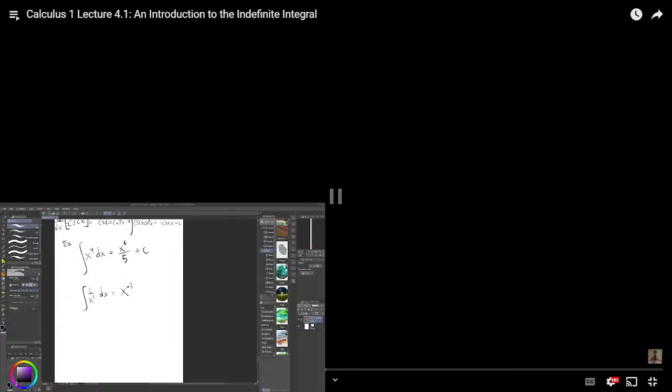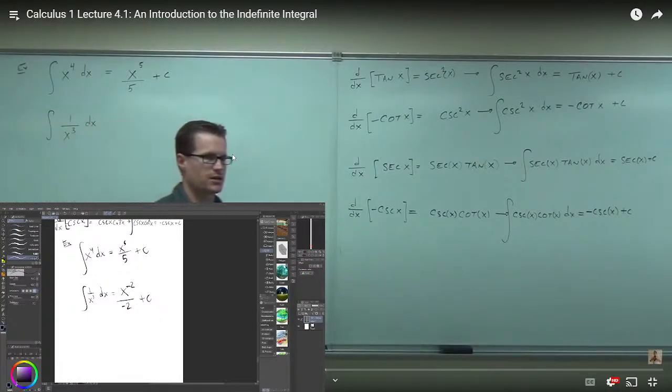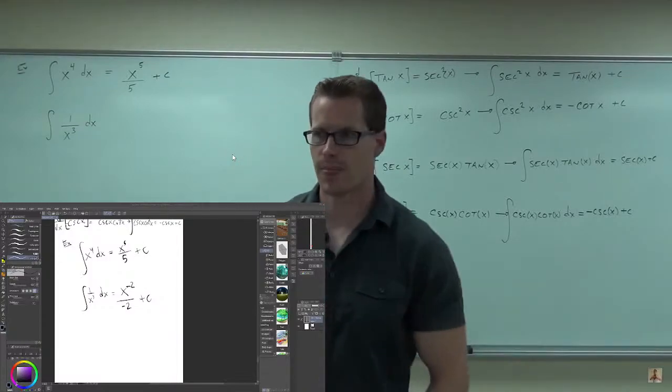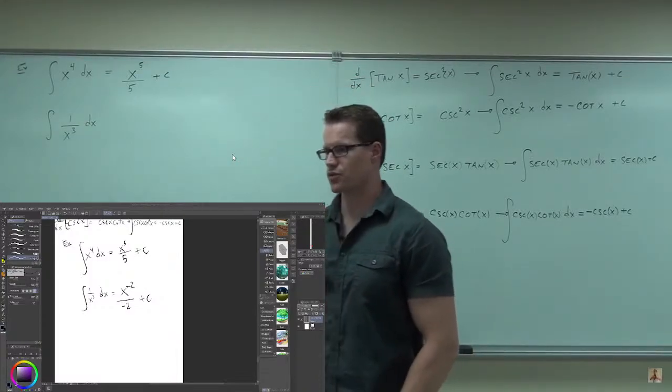And then you would add 1. This would be x to the negative 2 over negative 2, plus C. Easy. I have to always write my dx, right? If you don't have that, it's not a good way to write an integral. You're missing something.